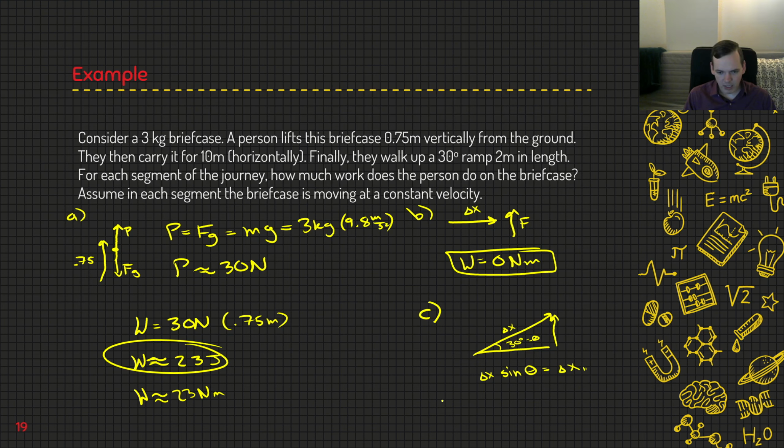Then if we plug things in, we get our 30 newtons of force times the 2 meters times sine of 30. Sine of 30 is 1/2, I think. Unless I make a mistake, I'm going to assume it's 1/2. If it's not, correct me. That should be about 30 joules. That will be our work, or 30 Newton meters, again, more properly.